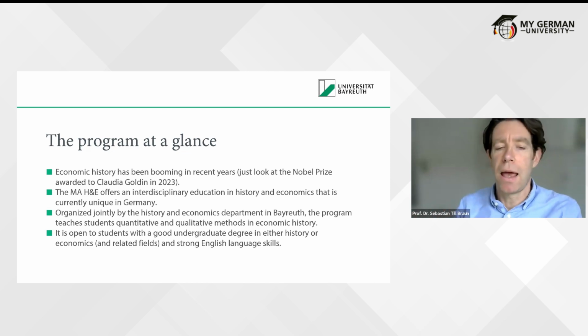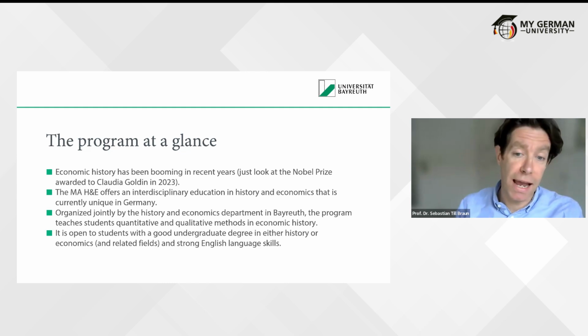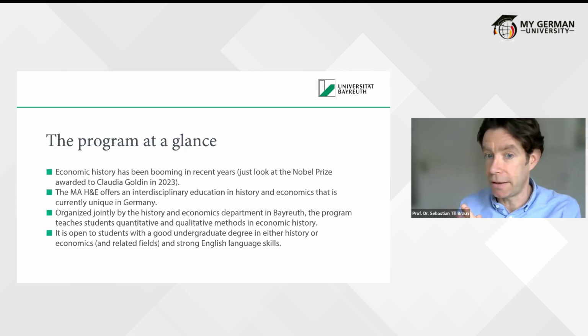So for example, with me, you would do a lot of quantitative methods, statistics, things that you could call data science, and how you apply these methods to questions in economic history, quite hands-on, using statistical programs. And on the other hand, of course, you will also learn the more qualitative methods that you need in history. And of course, then the question is, how do you bring the two things together?